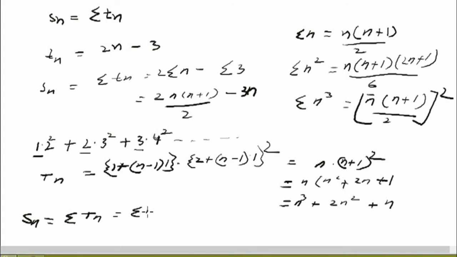We will put them here and we will get the sum of the given series. It is very easy. If we get the nth term of any series, we can find the sum of n terms of the series by applying the formula Sn is equal to summation of Tn.